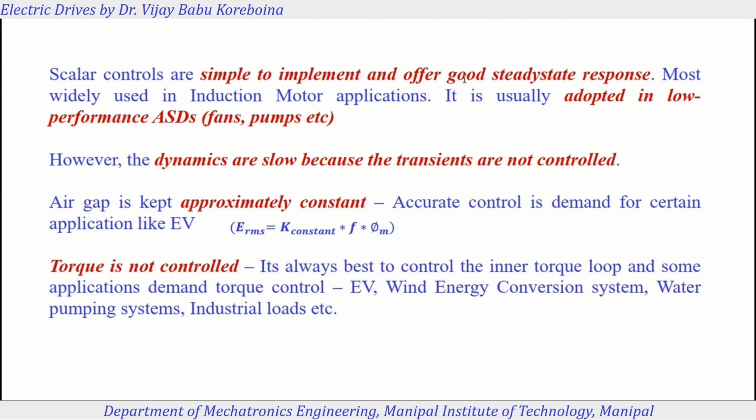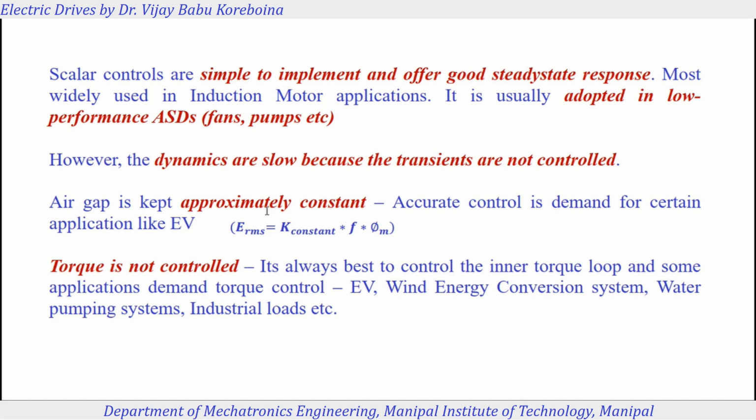What would be the drawbacks? As I told you, dynamics are slow because the transients are not controlled. Keep in mind, we are not controlling the transient part. We don't control internal variables very accurately. That's not possible in scalar control. And as I told you, air gap flux is approximately E by f.